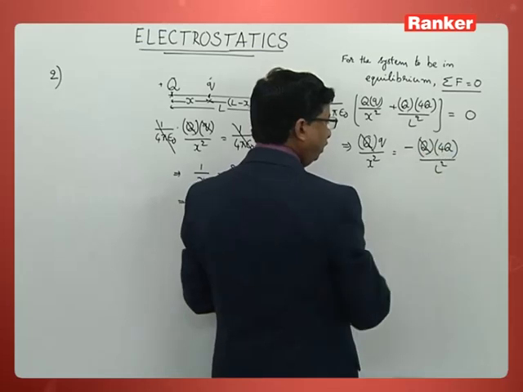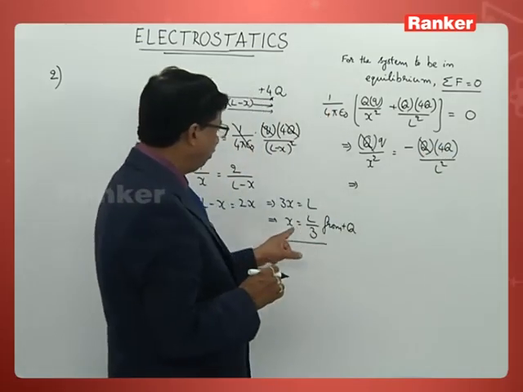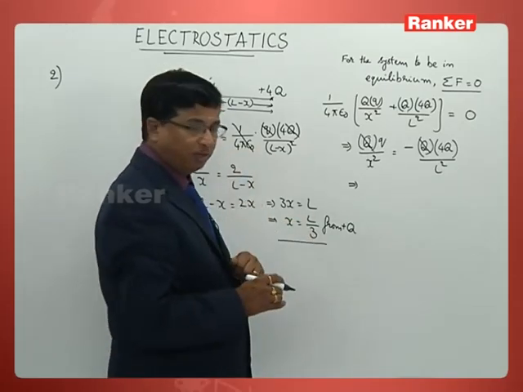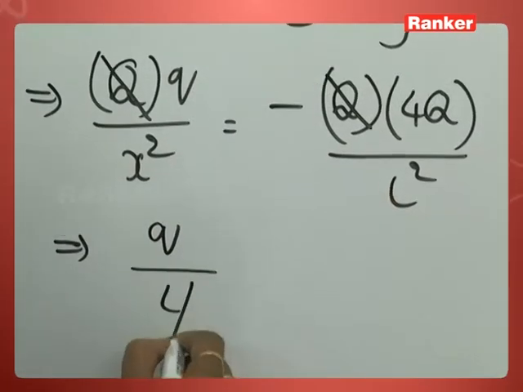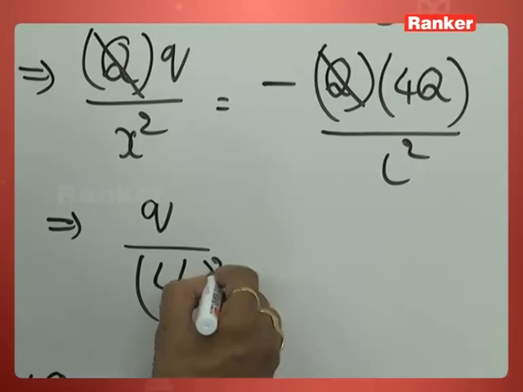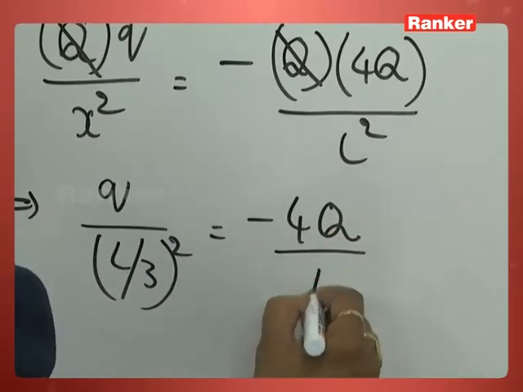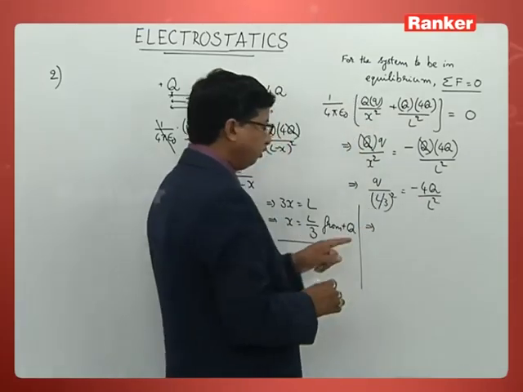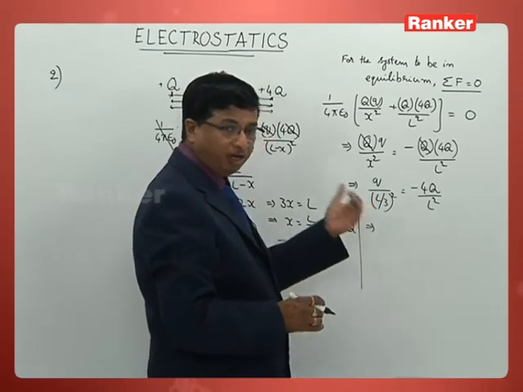Q getting cancelled. So what is x, we have already calculated? That is L by 3 from the first one. So we can write directly: Q by L by 3 whole square is equal to minus 4Q by L square. Just look at the simple calculation here. L by 3 whole square now becomes L square by 9.